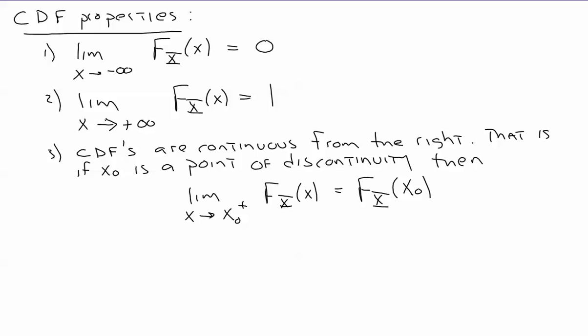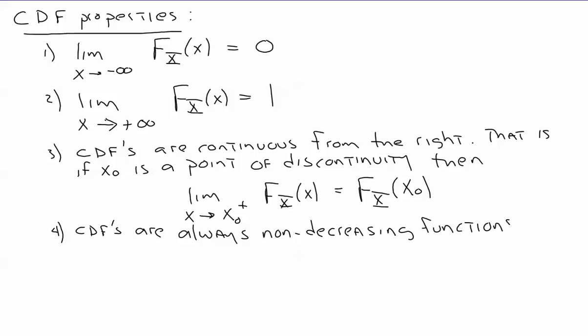Next property. Cumulative distribution functions are always non-decreasing functions of their argument. They can plateau out.